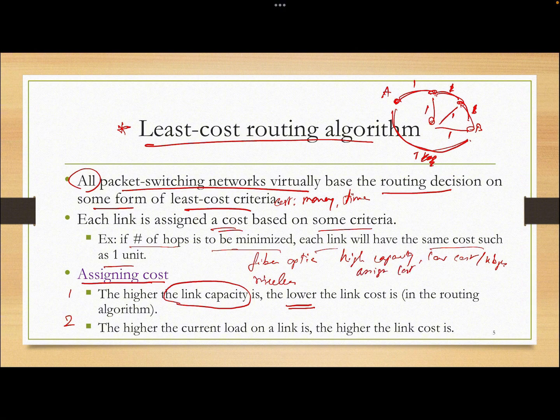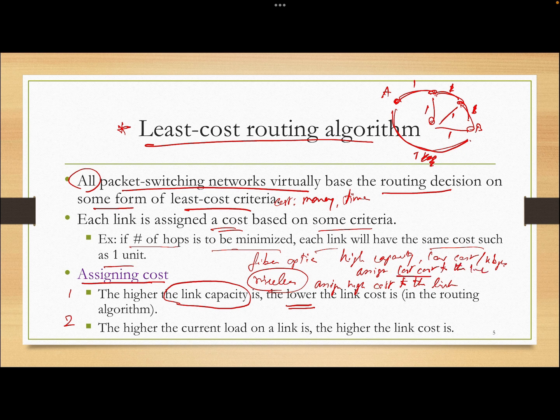But for wireless, think of a mobile phone: the company has to pay a lot of money to use the frequency band. So actually wireless communication is much more expensive to use than fiber optics. So this one you assign a high cost to the link, and this one a low cost.